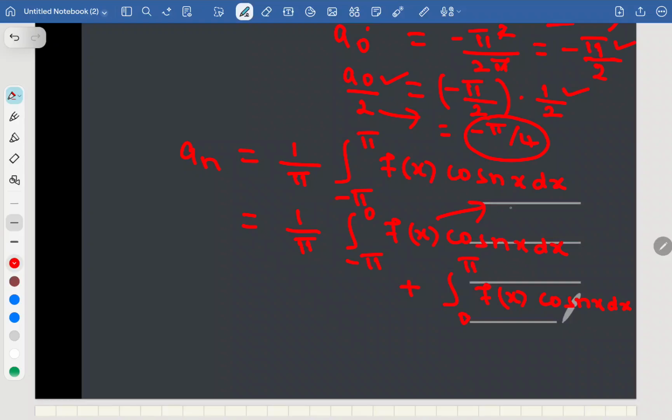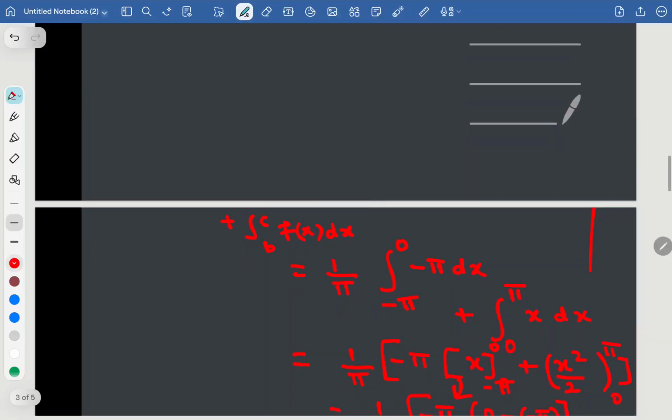For this part f(x) is minus pi, for this part f(x) is x. Is it correct? Yes.